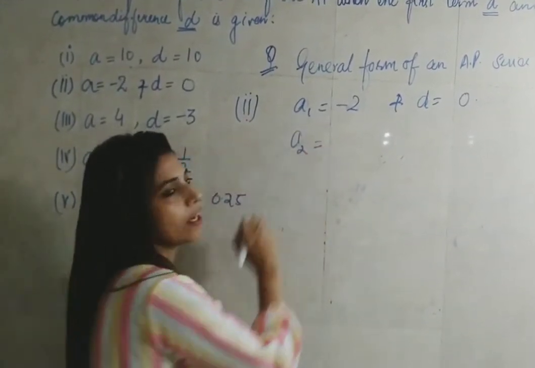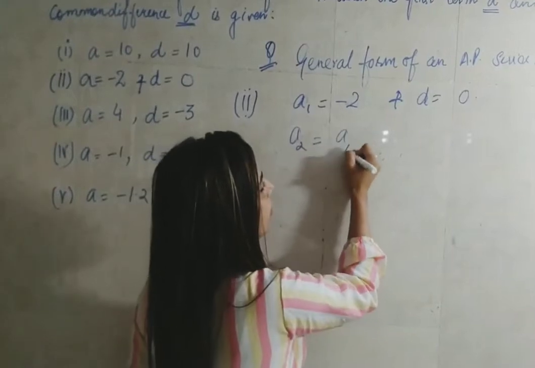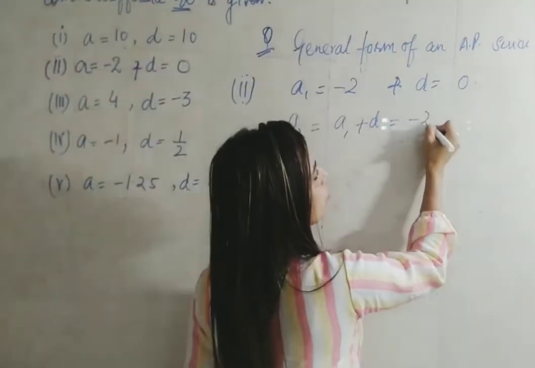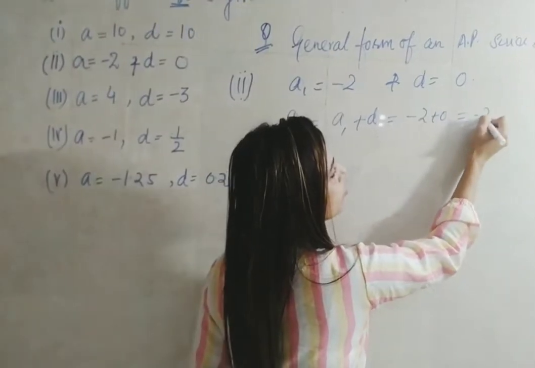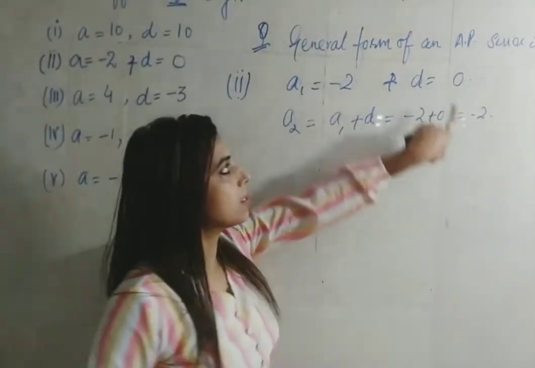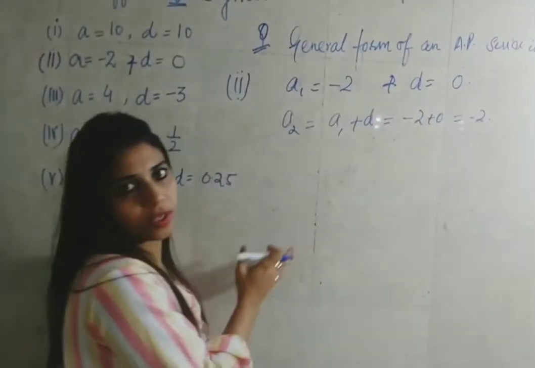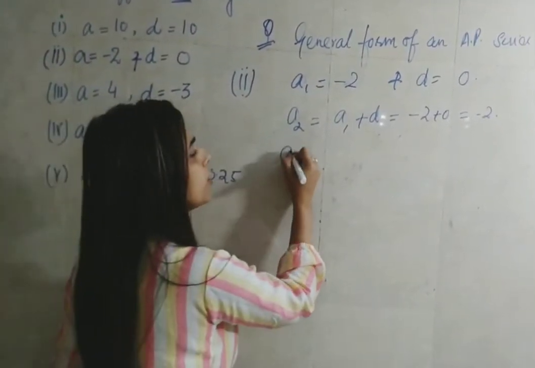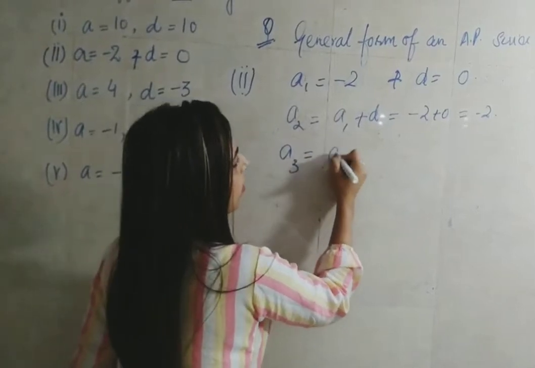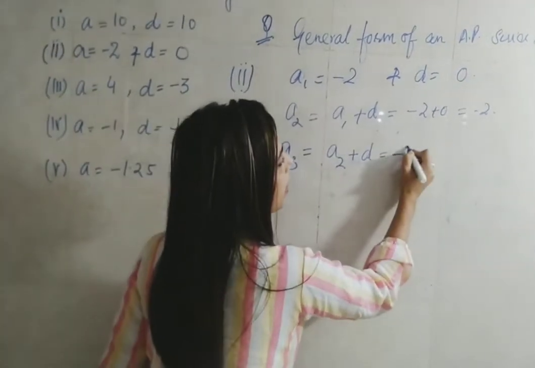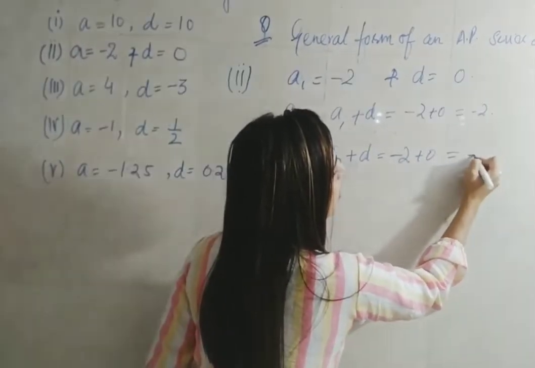So A2 will be equal to A1 plus D, which is equal to minus 2 plus 0, minus 2. Since the common difference is 0 here, we will get minus 2 in all the 4 terms of this part. So it is a very easy part. A3 is the previous term, A2, plus D, which is again minus 2 plus 0, minus 2.